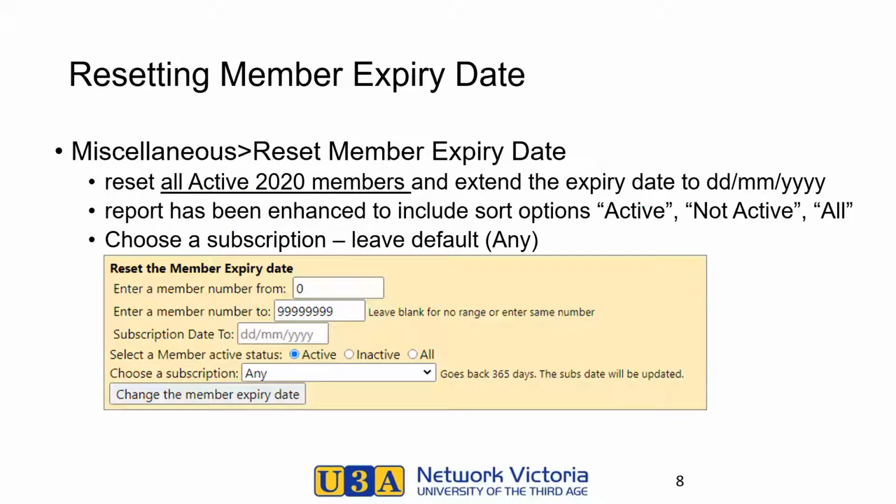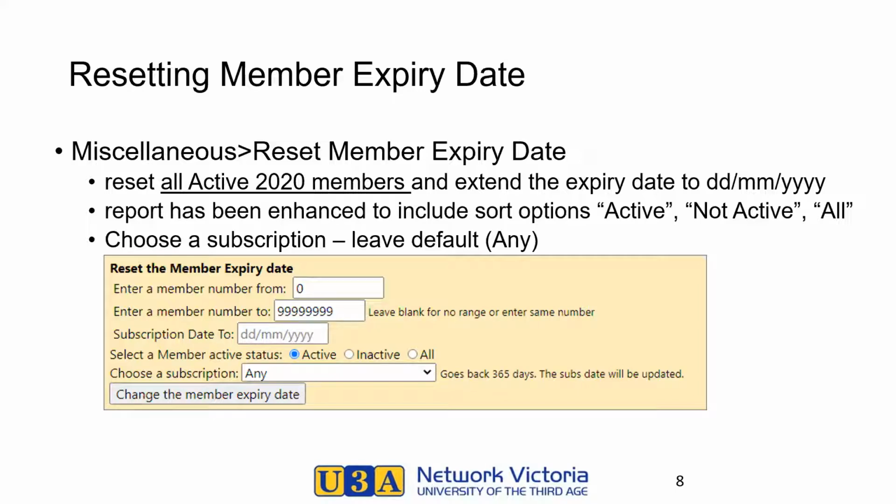So in miscellaneous again, there's a function that we've modified that will reset the member expiry date. In our particular case, to achieve this end result, we would need to reset active 2020 members and extend the expiry date. As I mentioned before, it may well be the 31st of December 2021.